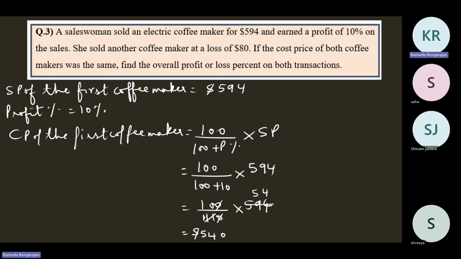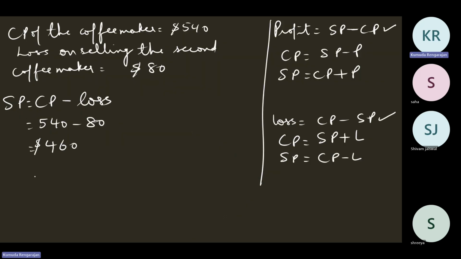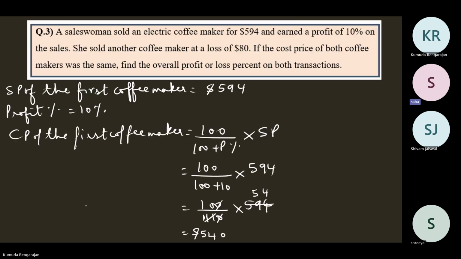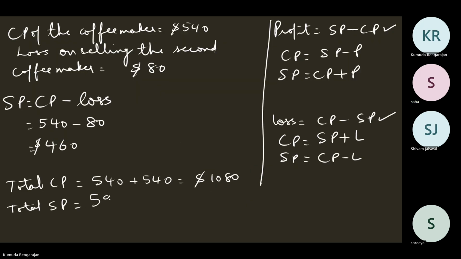SP is different. So total CP is equal to 540 plus 540, that is 1080. Total SP is equal to 594 plus 460.